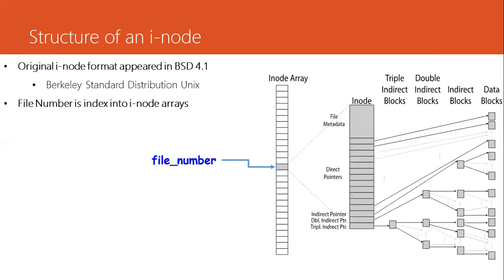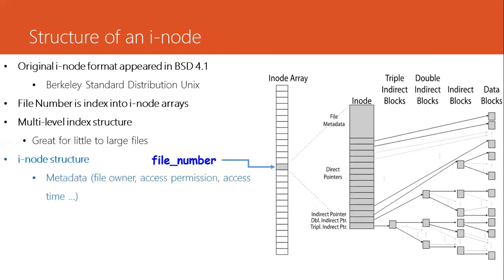The inode structure describes all the attributes of the file, plus you have pointers to a bunch of blocks.